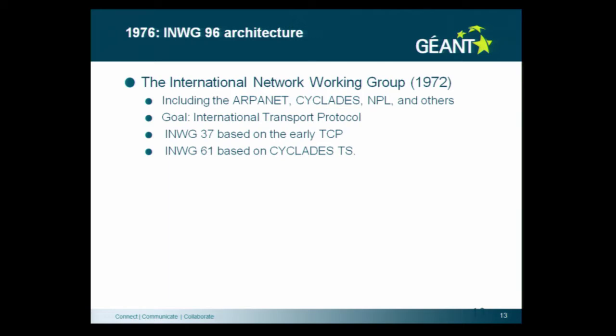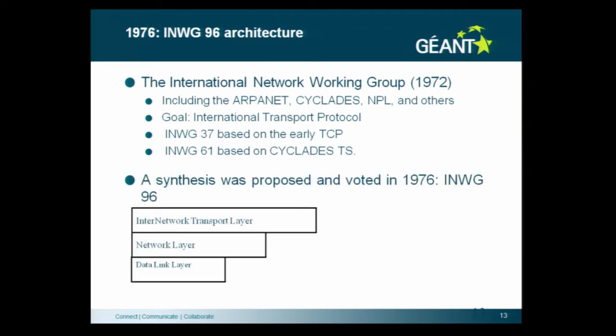They had 2 solutions, INWG 37 and INWG 61. I don't know the details, so I'm not going to tell you. But they proposed a synthesis in 1976, which was voted for the architecture of the internet, an interconnection of networks with ARPANET and other research networks.